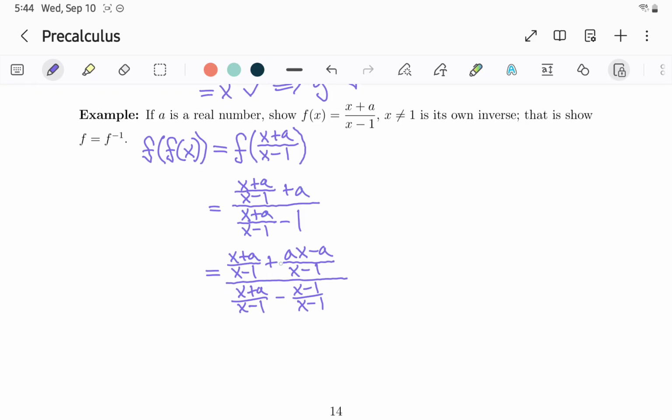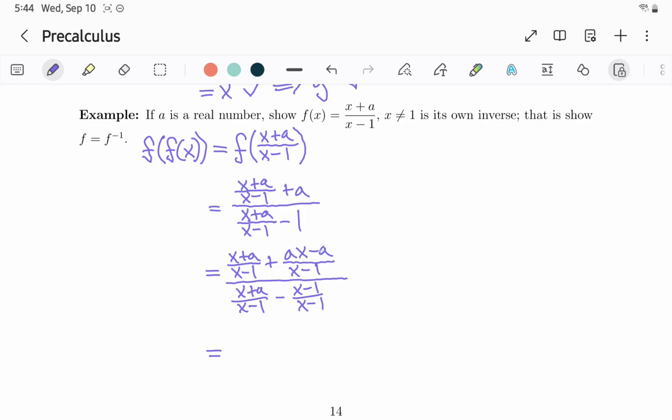And now we can start trying to add things up in both the numerator and the denominator now that we have a common denominator in both places. So in the numerator, we just add the terms across the two numerators in these fractions up here. And so we are going to have x plus a times x minus a.